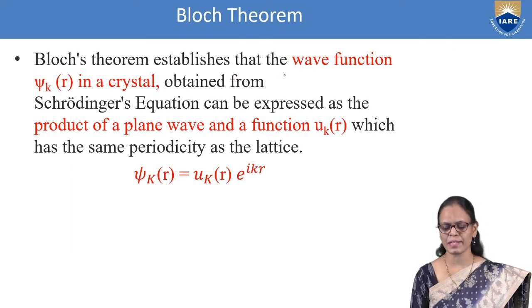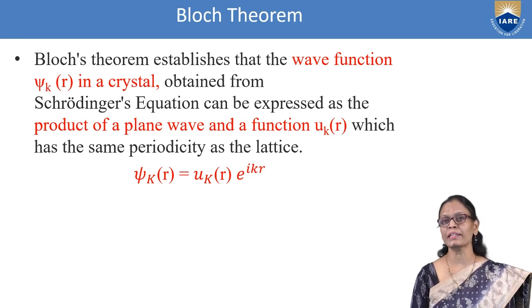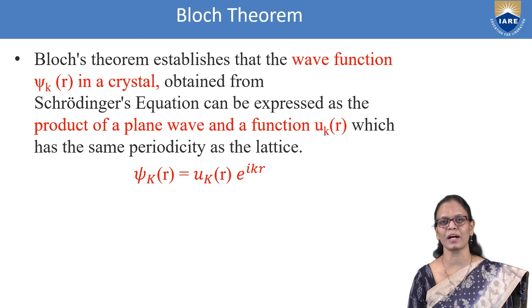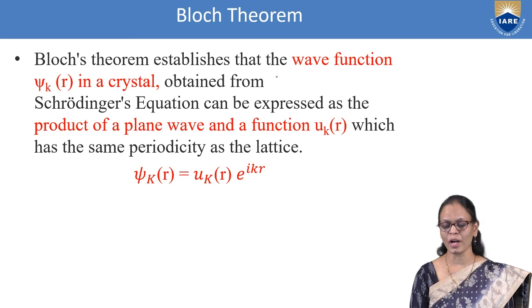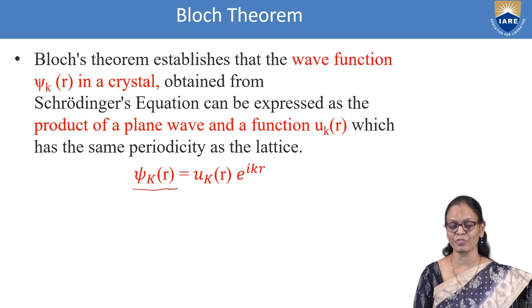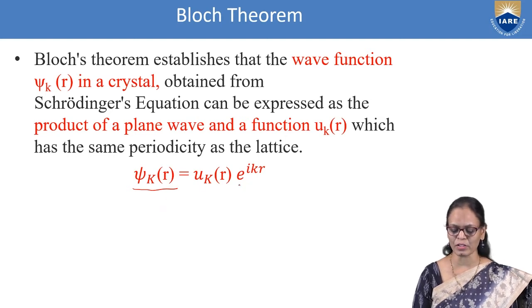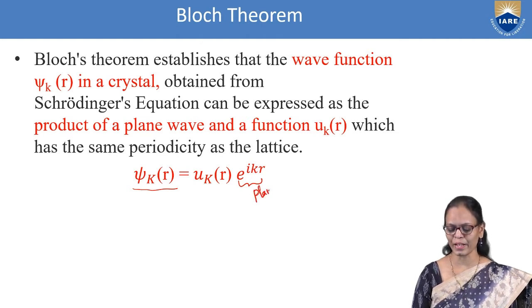Now, Bloch theorem establishes the wave function psi k of R in a crystal, obtained from the Schrodinger wave equation, and it can be expressed as a product of a plane wave and a function u k of R, which has the same periodicity as the lattice. What it means here is, if you are taking the wave function psi k of R, you are expressing it as a product of e power i k R, which represents a plane wave.